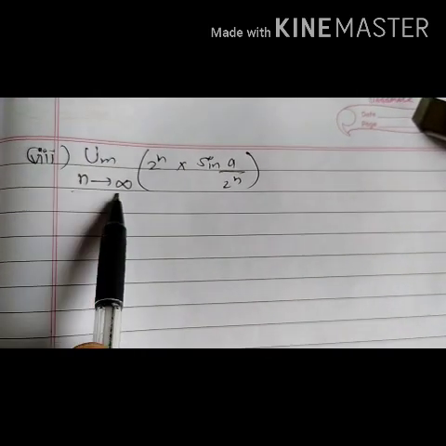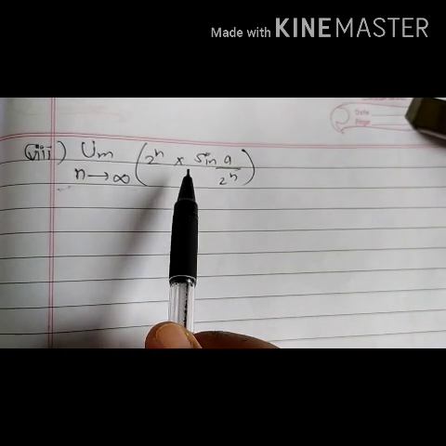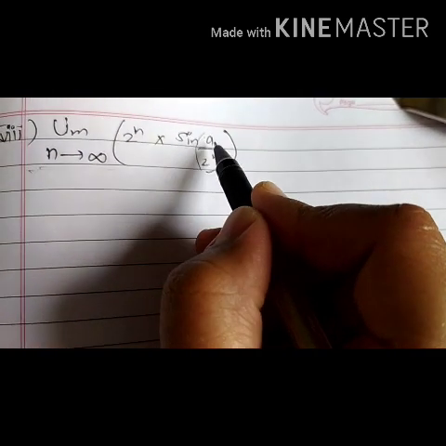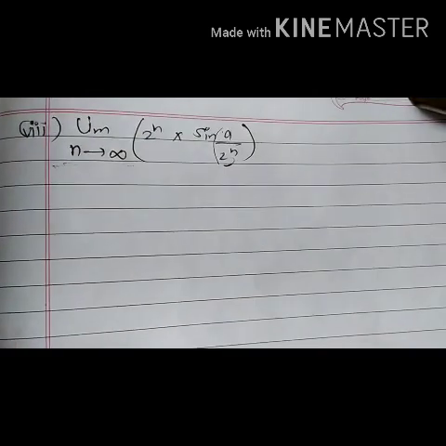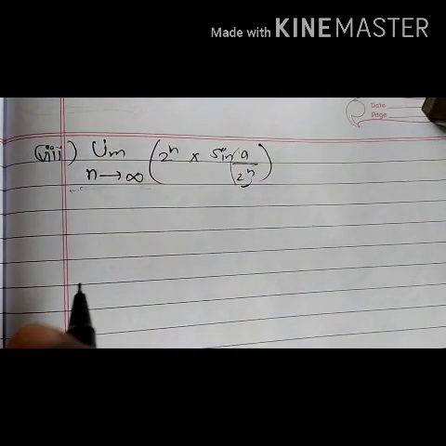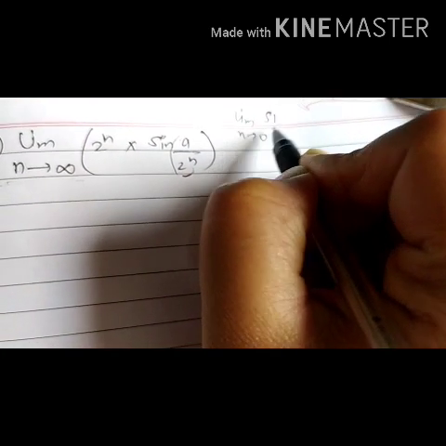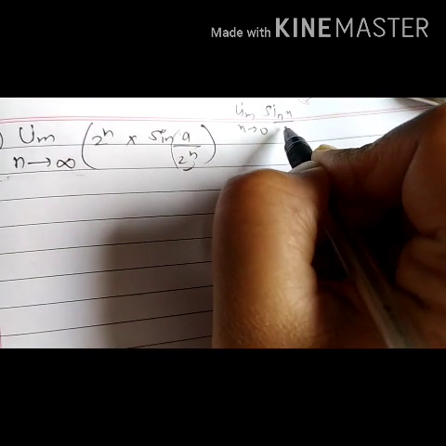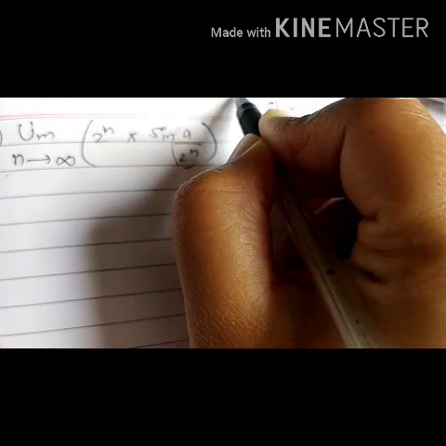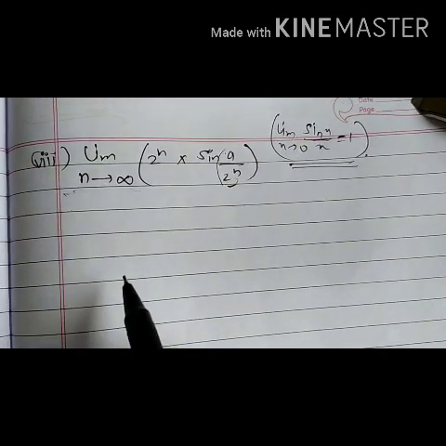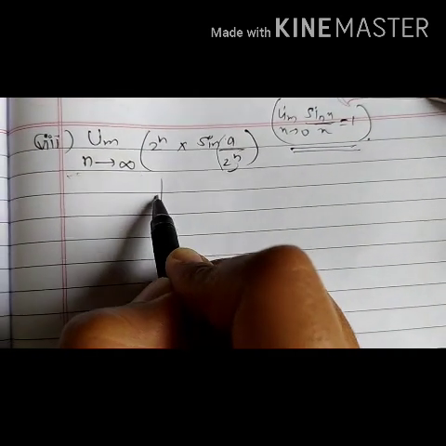Limit as n tends to infinity 2 raised to n into sine of a upon 2 raised to n. Now this is the angle for this sine function. Now students, we know that limit as x tends to 0, sine x upon x is equal to 1. Now we know this standard form. We will convert this in the standard form.